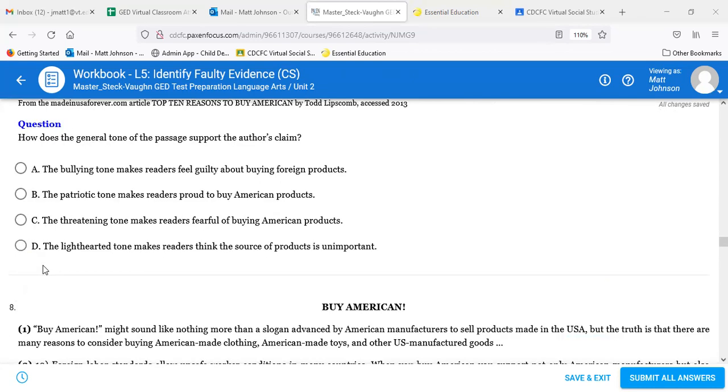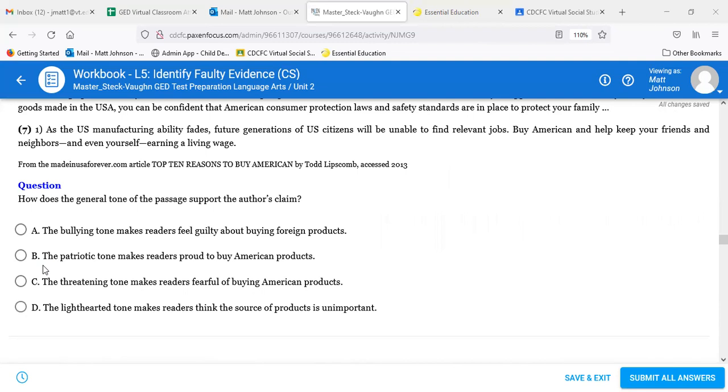So number 7, Tracy, can you read question 7 for us? Yes. 7. How does the general tone of the passage support the author's claim? A. The bullying tone makes readers feel guilty about buying foreign products.